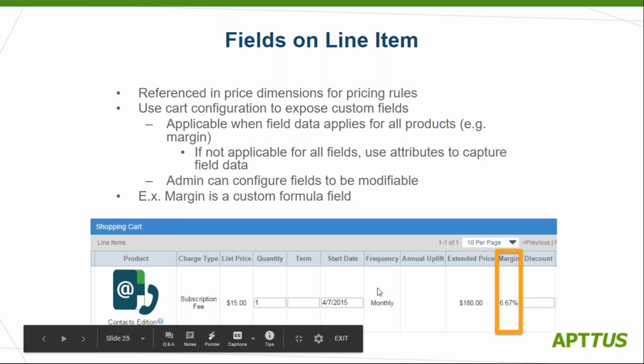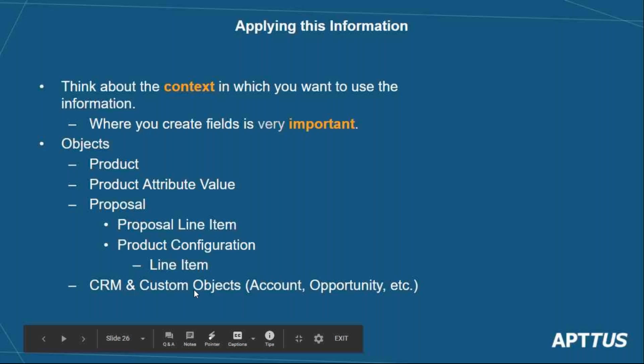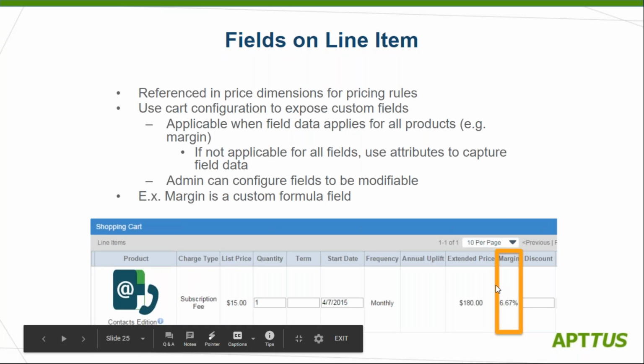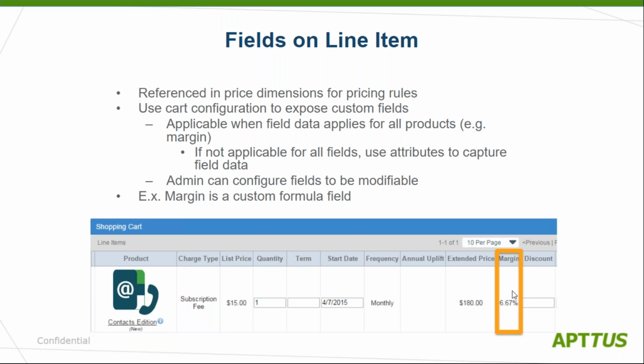Otherwise the customer will get confused: if there are 4 products and we show a margin value on all 4, and it is not applicable to all the products, he might get confused.